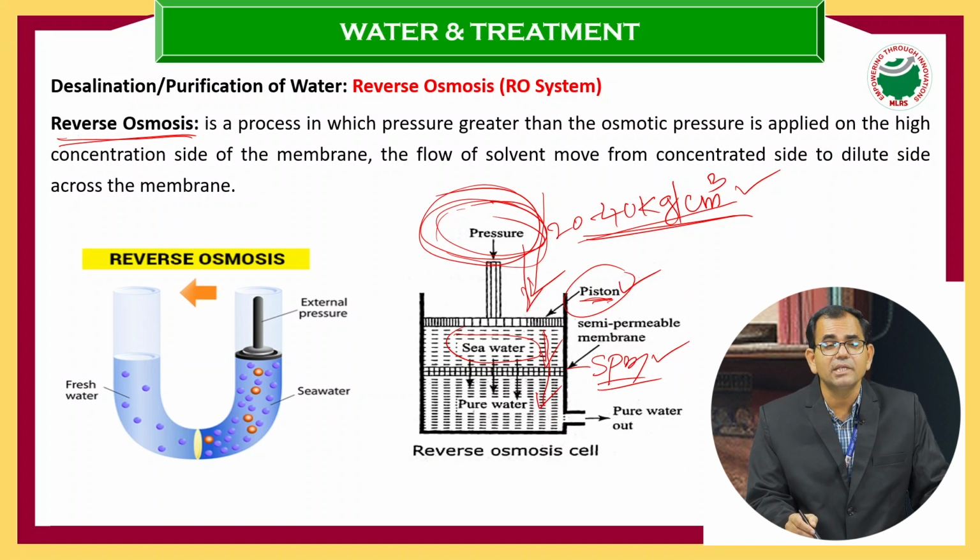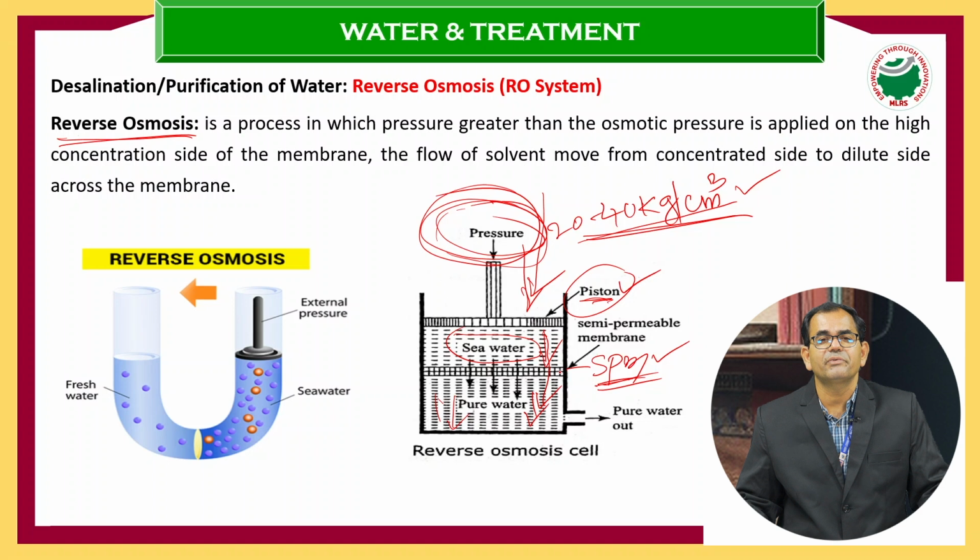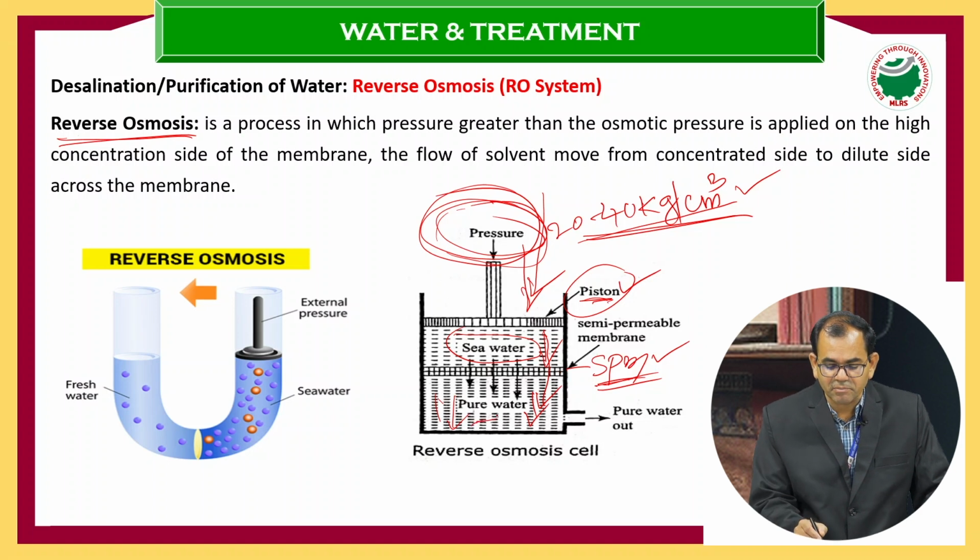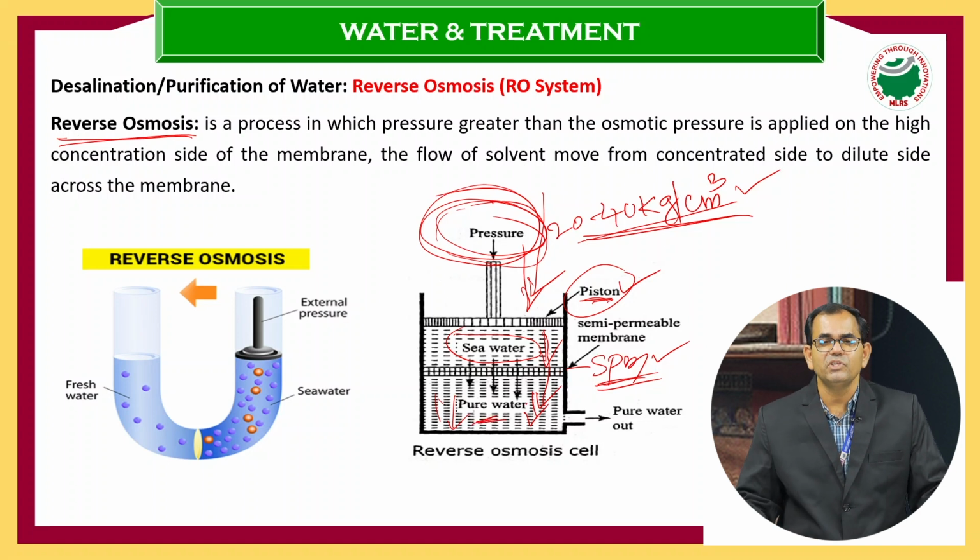Whatever hardness causing salts are there in the seawater will be separated by the SPM, the micron size porous membrane. Finally, at the bottom chamber we collect the salt-free water, which is pure water we can use for drinking.